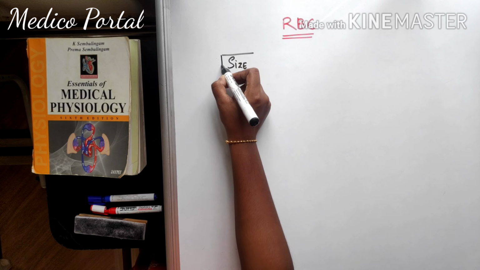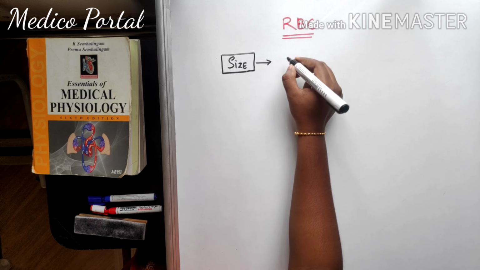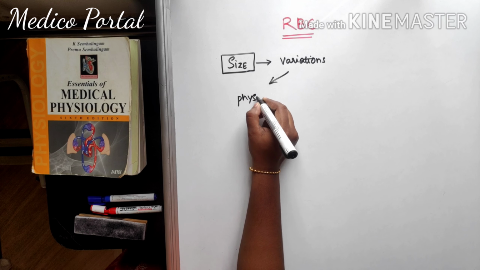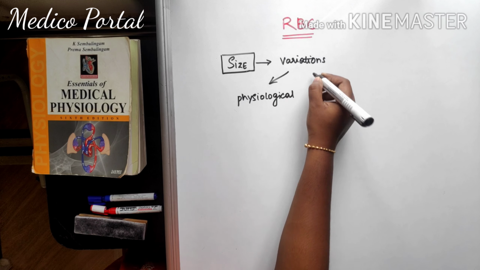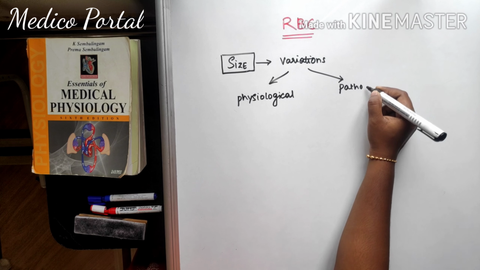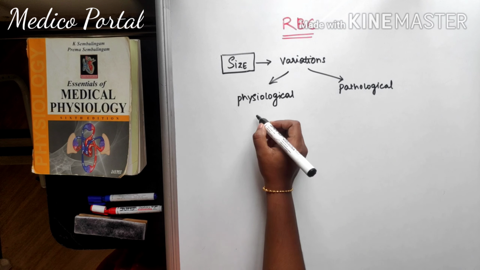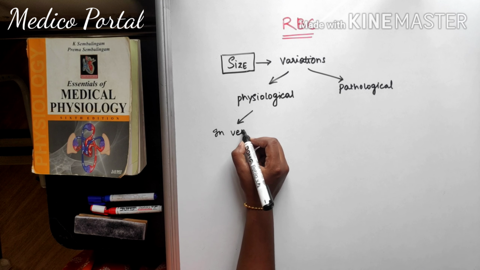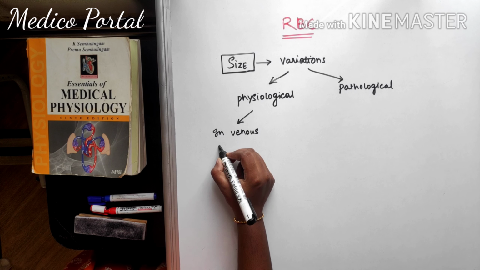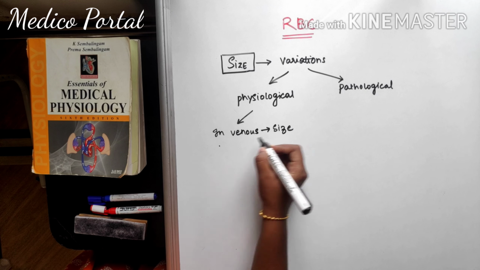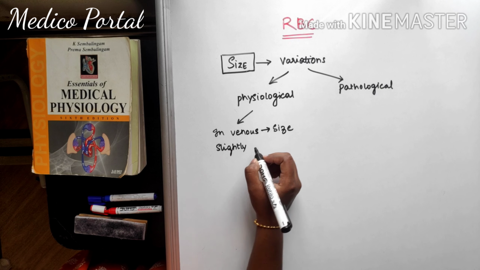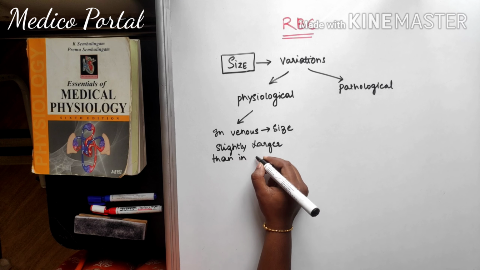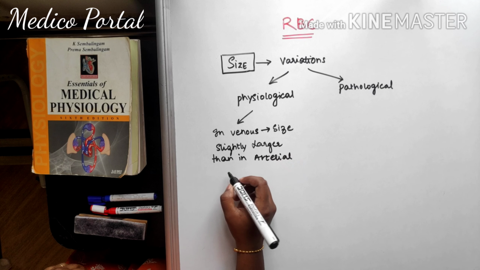Coming to the important property, it's nothing but size. This size also has some variations. Coming to the first one, physiological, and as I've said, pathological variations. The physiological variations are present in normal conditions, that is, in venous circulation the RBC size is very slightly increased compared to the RBCs present in the arterial circulation.